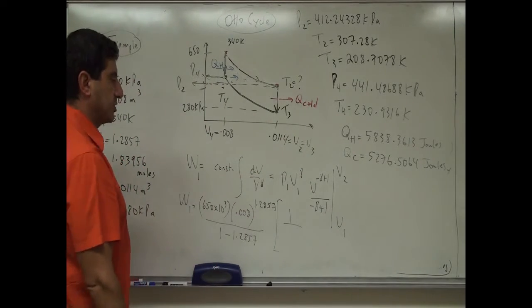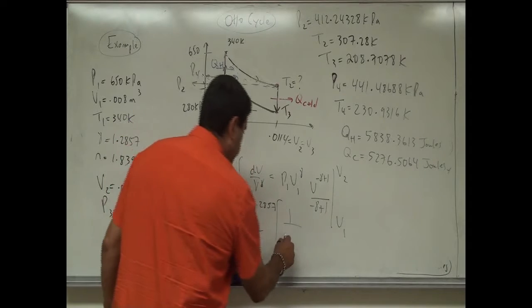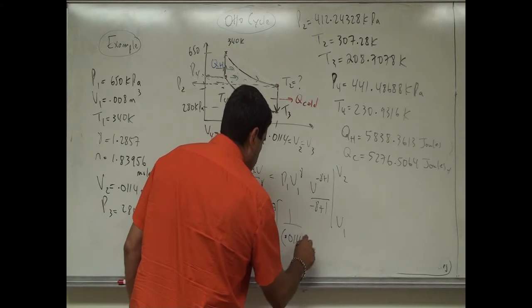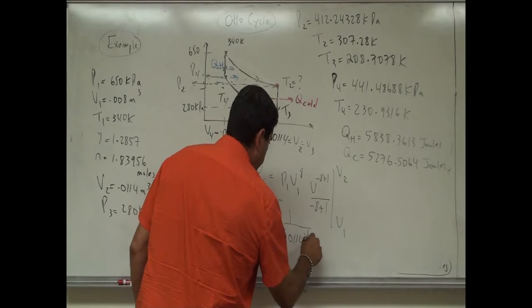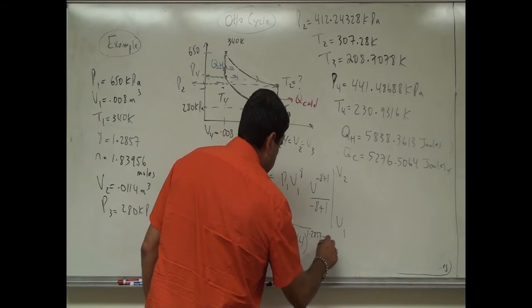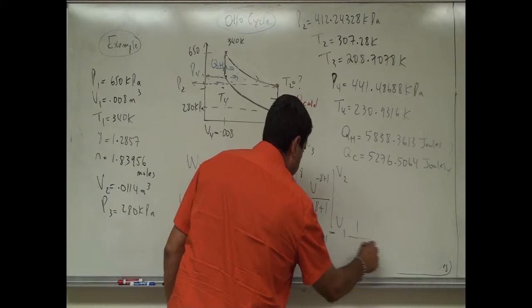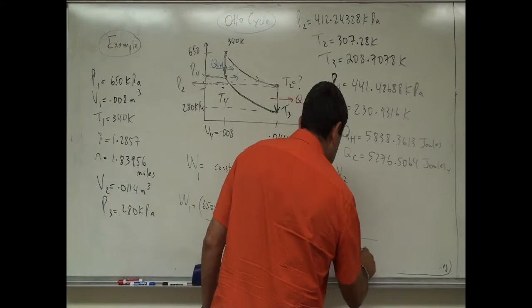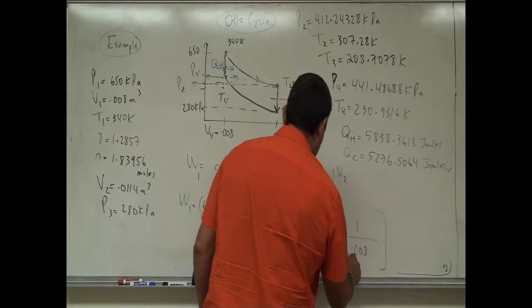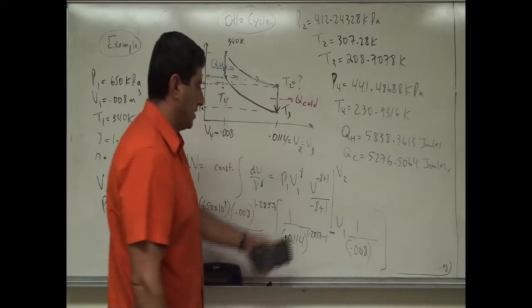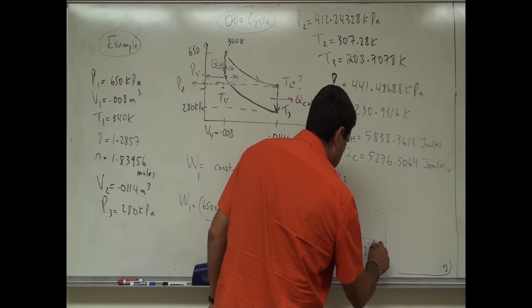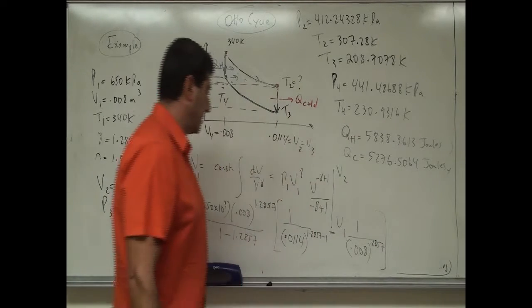V2 is going to be 0.0114 to the power 1.2857 minus 1, minus 1 over 0.008 to the power 1.2857 minus 1, so basically 0.2857.